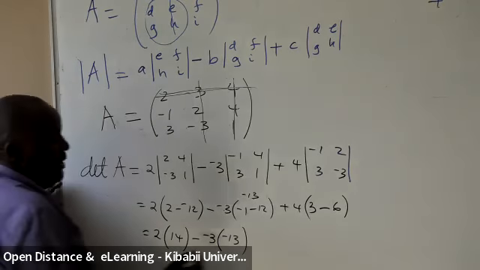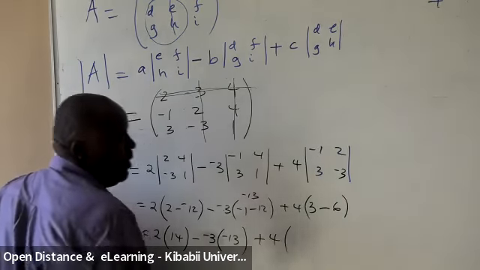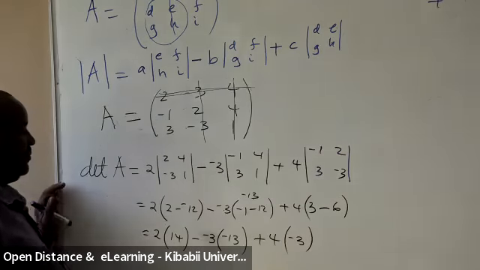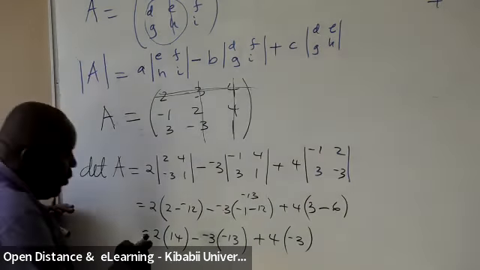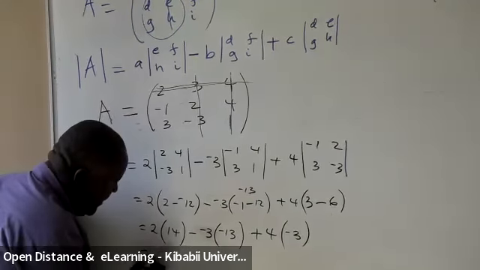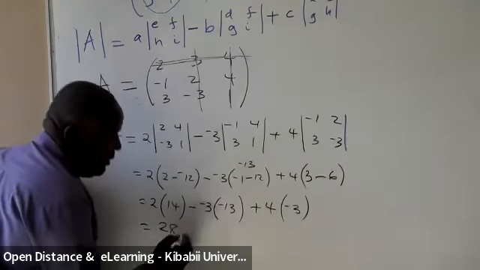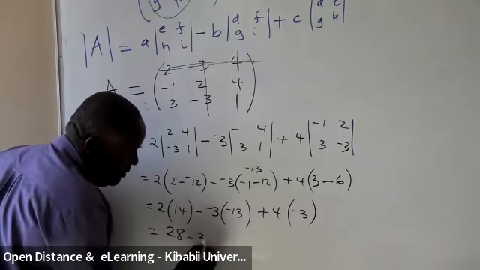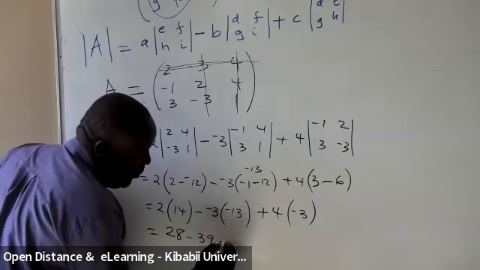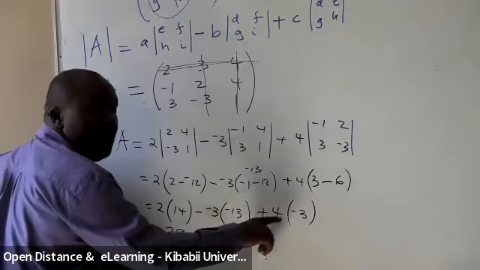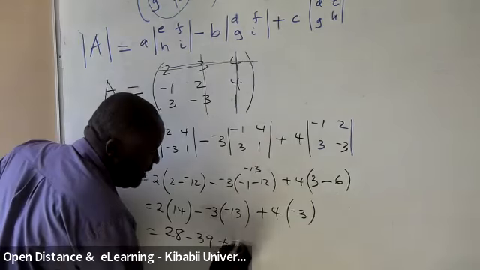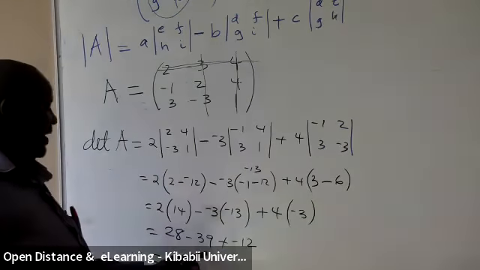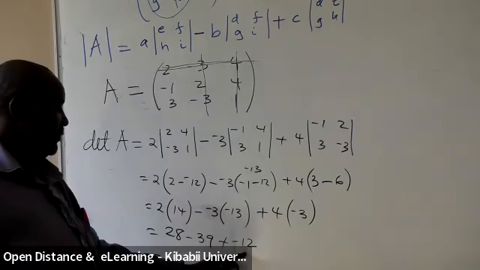If we have to go stepwise, plus 4, 3 minus 6, that gives you -3. So evaluating this, we have 2 by 14, that gives you 28. -13 by this, that gives you 39. So the negative remains, plus 4 by -3, that gives you -12. So evaluate this, 28 minus 39 plus -12.